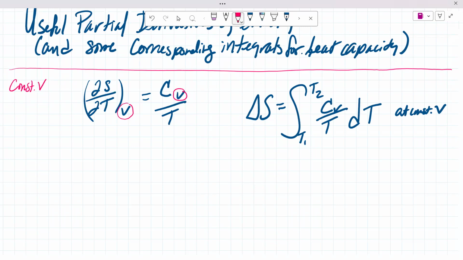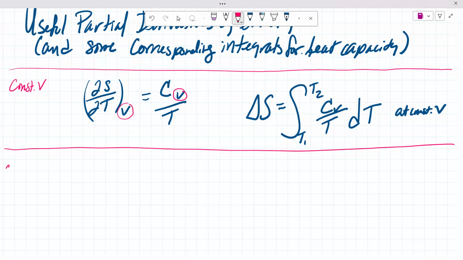Now we have the pressure version of this. So now we're going to look at the entropy with respect to pressure, and we will hold... No, that's not right. Can't do that. It's either one or the other.